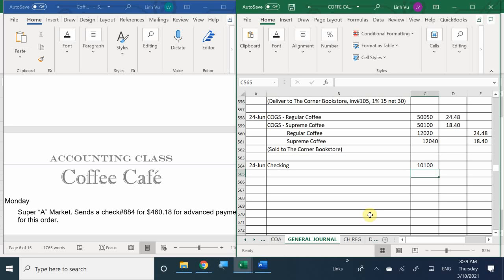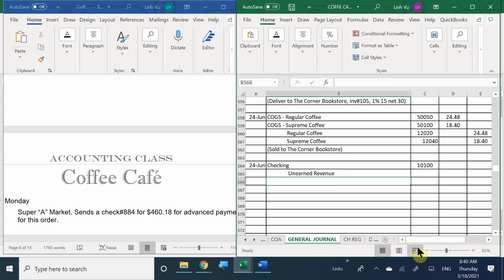We owe them service because they paid us in advance. So in this case, we're going to recognize the check because we gained money. And we're also going to recognize a liability because we haven't even provided the service and they've already paid us in advance. So this is going to be considered an unearned revenue.